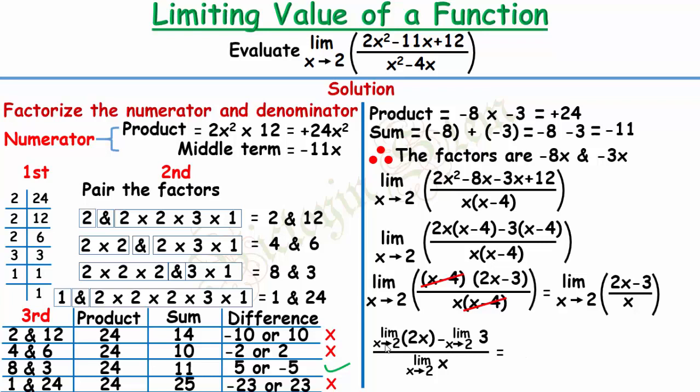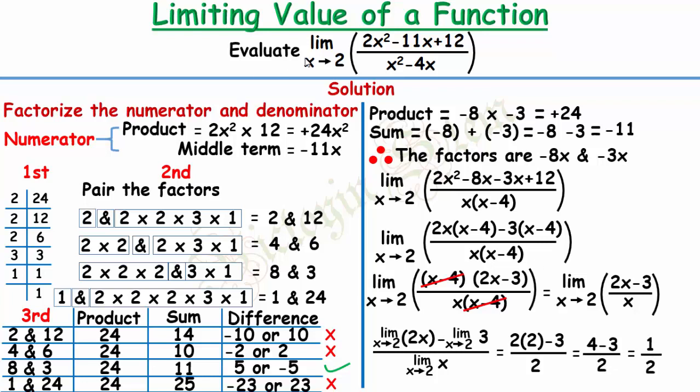Remember, limit as x approaches 2 means x is getting gradually closer and closer to 2. It will eventually be equal to 2, and so we'll have it this way. So when it becomes 2, we can replace x by 2, and then the denominator 2. So if we resolve this fraction, it boils down to 4 minus 3 divided by 2, and then the final resolution will be 1 divided by 2.